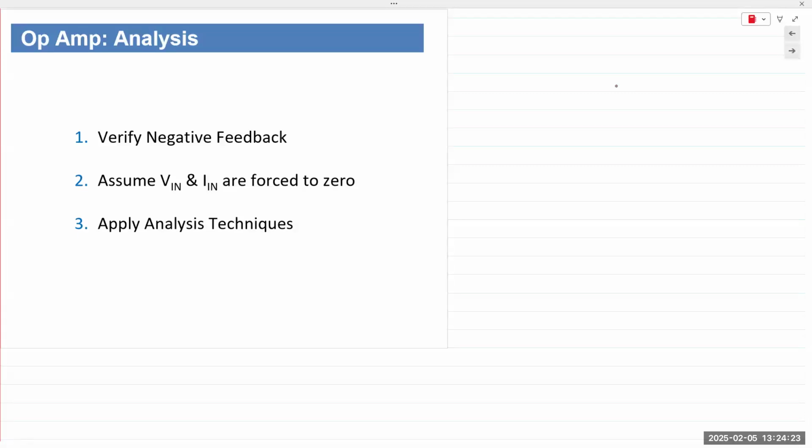First, check if the output is fed back into the inverting terminal, whether the output is connected to the inverting input. And because it is connected to the inverting input, that forces the input voltage to the op-amp to go towards 0. So the assumption would be that the input voltage and the input current are both being forced to 0.